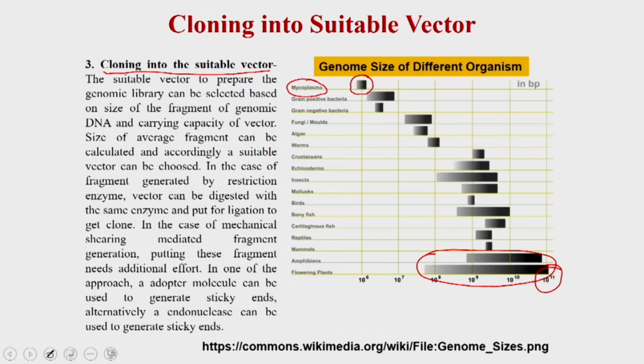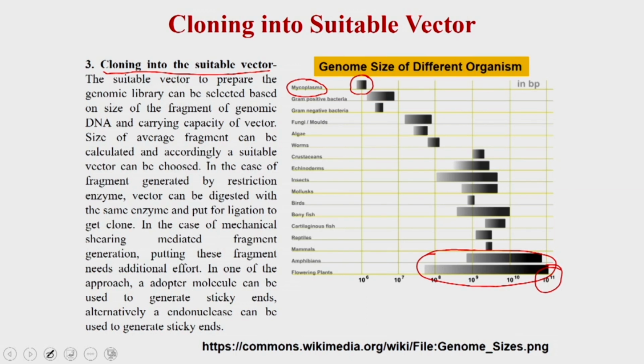So, what you have to consider is the number of fragments you are going to generate from these genomes, and that fragment size would be very large if the genome is very big. It is going to be very small if the genome is also smaller.